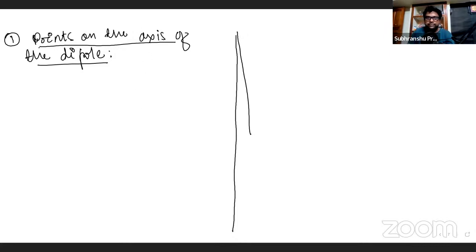So this is a dipole, plus q and minus q separated by a distance 2a. Now this is the axis of the dipole, and you want to find the electric field at a point P.